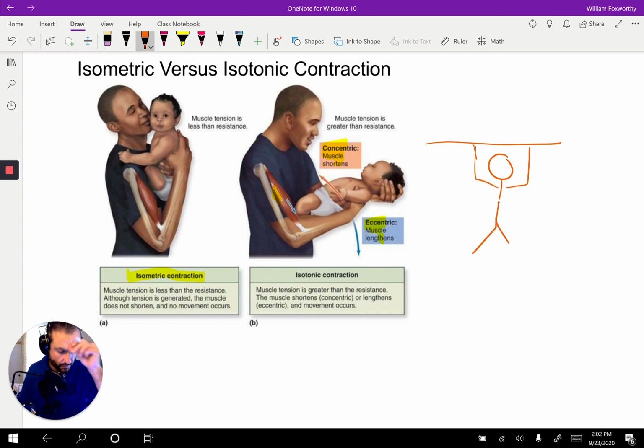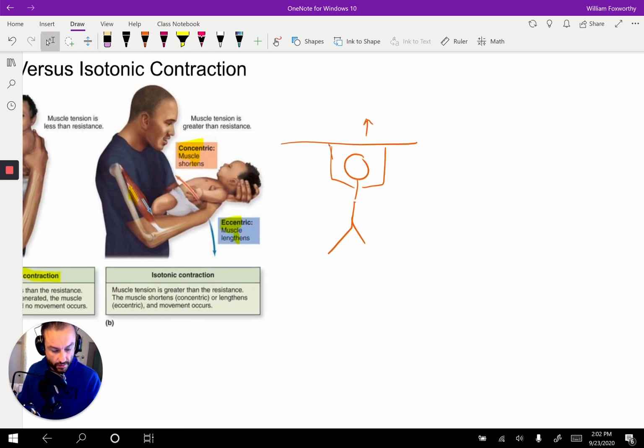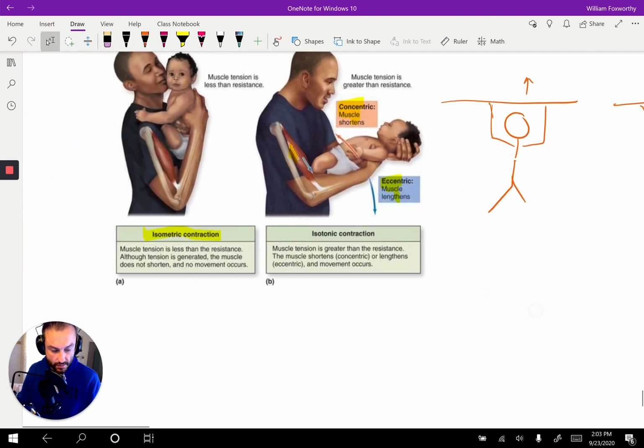There's a dude doing a pull-up. As he's pulling up, his muscle is getting shorter, and this is concentric. But as he's letting himself down, as long as he's not just flopping down completely, you come out of a pull-up slowly with your muscles still contracted. This would be an eccentric muscle contraction.